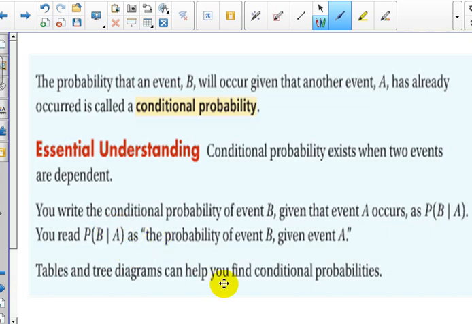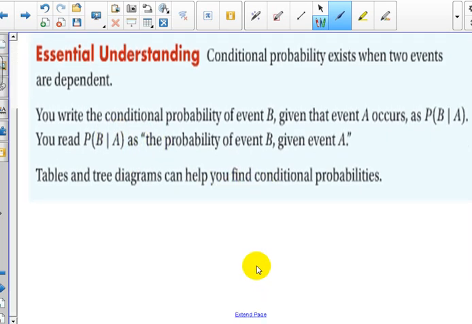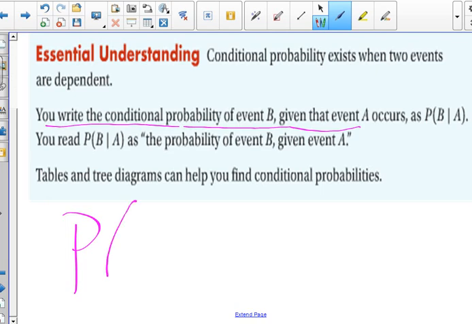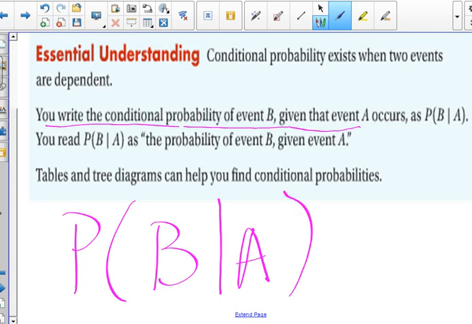So you write this as, right here, you write the conditional probability of event B given that event A occurs as the probability of event B given that A occurs. Okay, so the bar means given that.